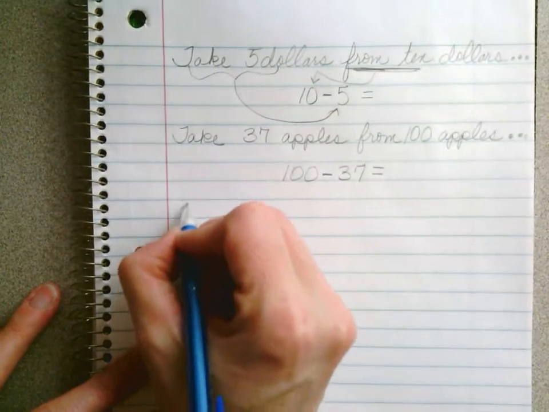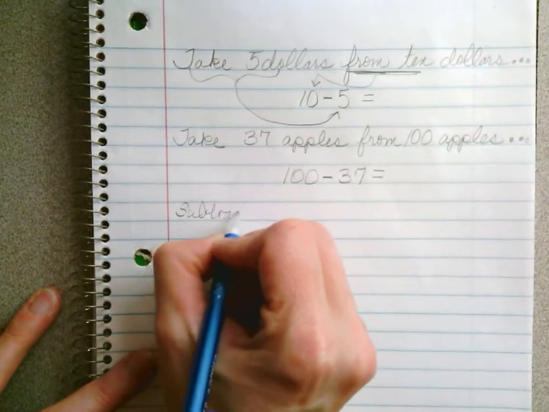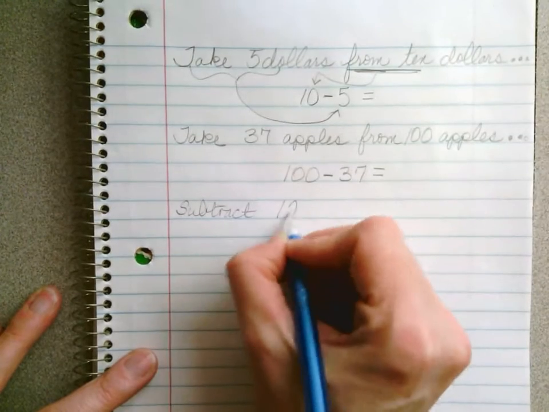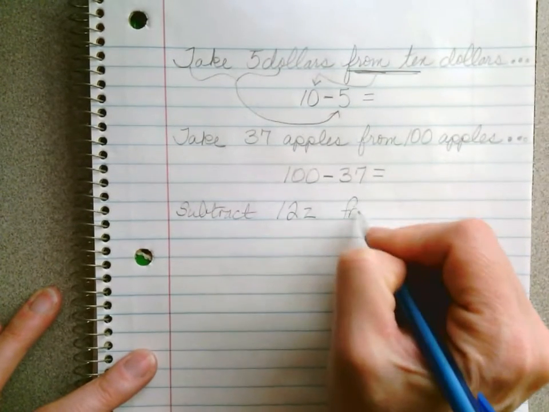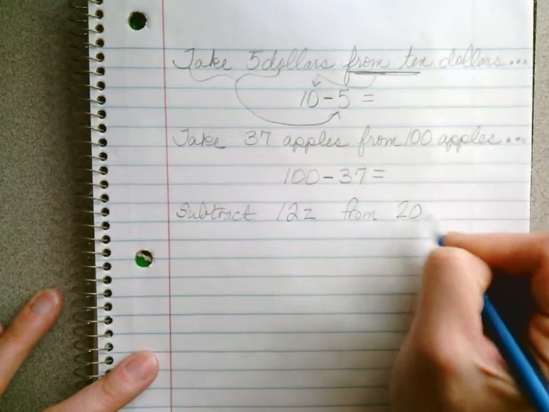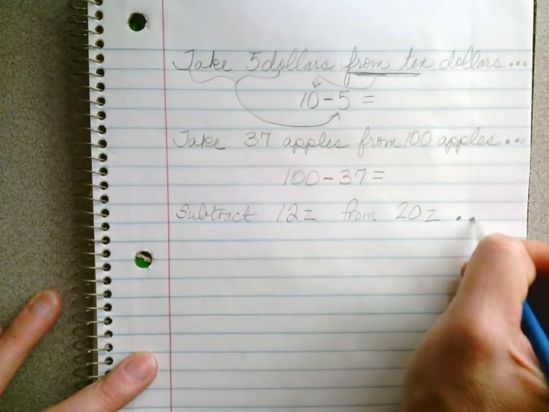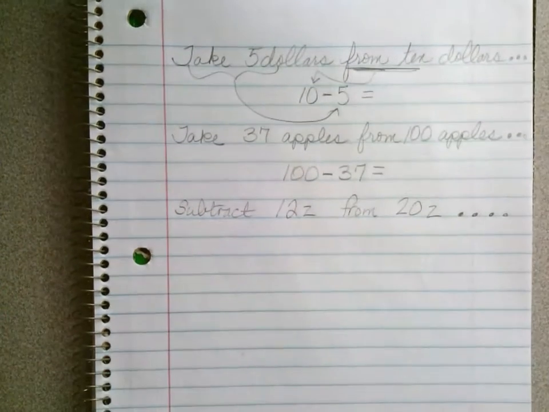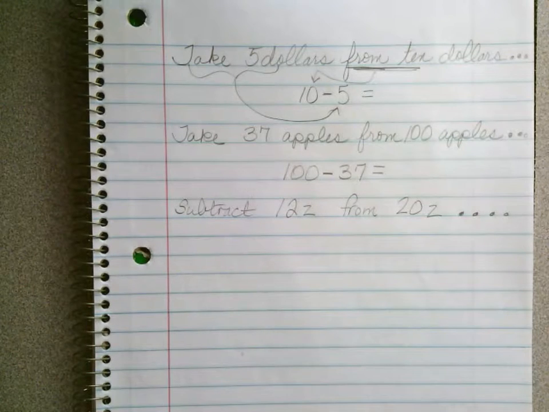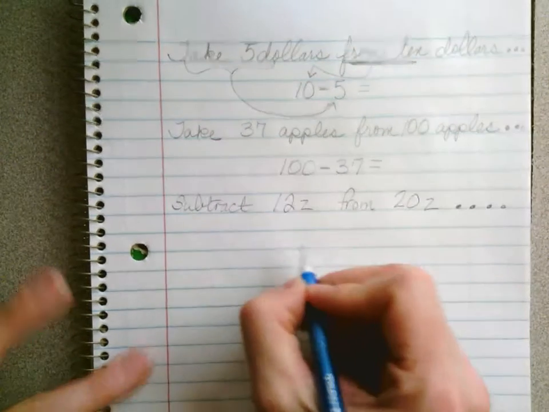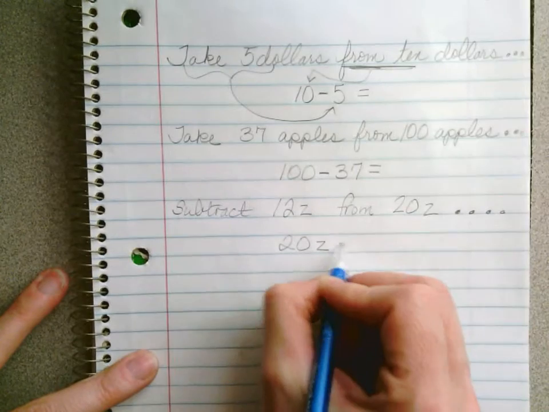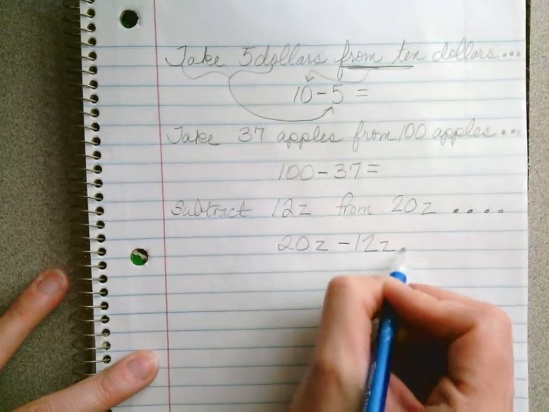How about if I said this? Subtract 12z from 20z. Now I'm trying to get a little tricky on you. How will I write this? 20z minus 12z. Are you guys seeing a trend here?